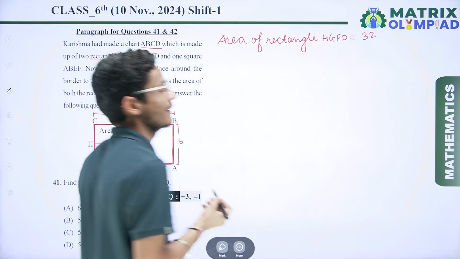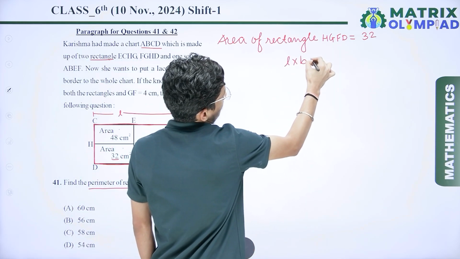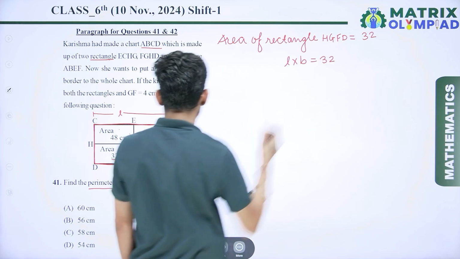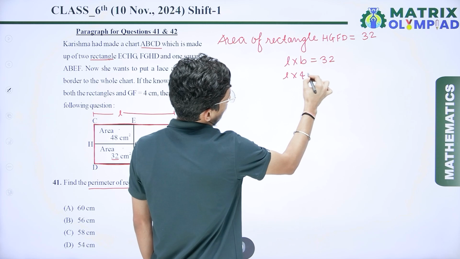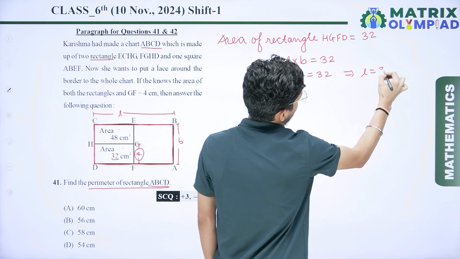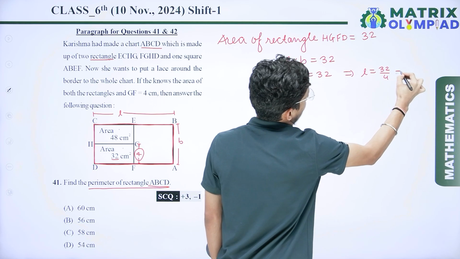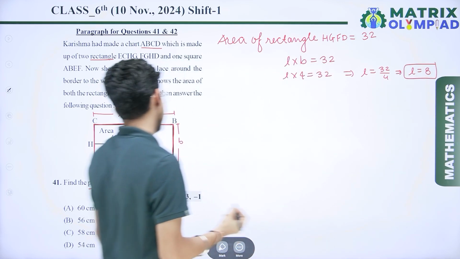We know the area of a rectangle is length multiplied by breadth. So here I write length multiplied by breadth is equal to 32. Here the breadth we have been given, that is 4. So I can write here length multiplied by 4 is equal to 32, and from here we know that length is equal to 32 divided by 4, and the length we have found here is 8.